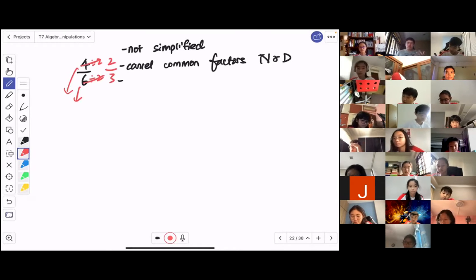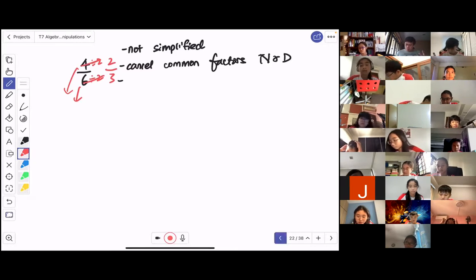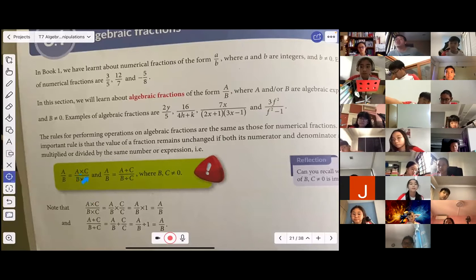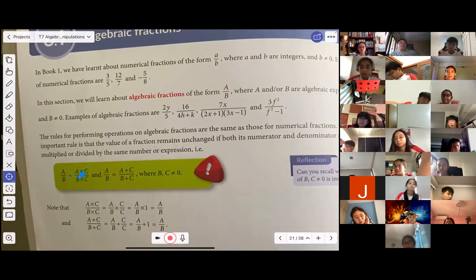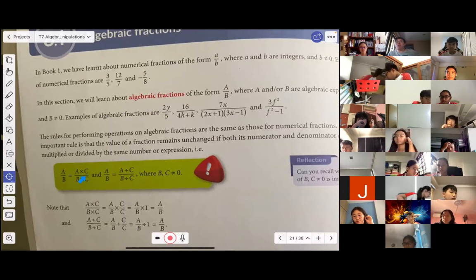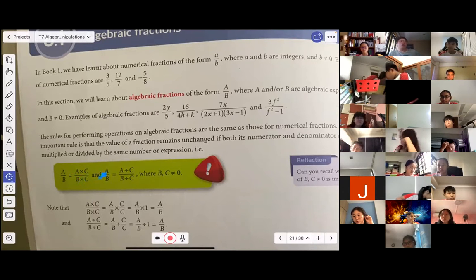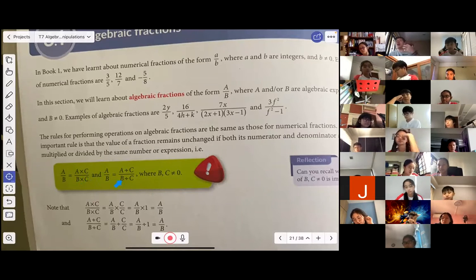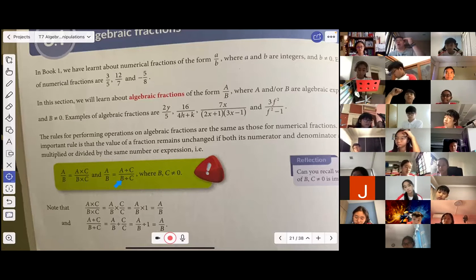Recall from the textbook, when we multiply the top and bottom by the same number, the value of the fraction does not change. Or when we divide the top and bottom by the same number, the value does not change. This is why fractions are quite fun to play with. We can do cancellation as long as we do it to both the top and the bottom.